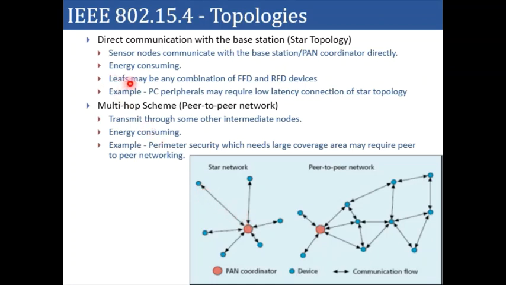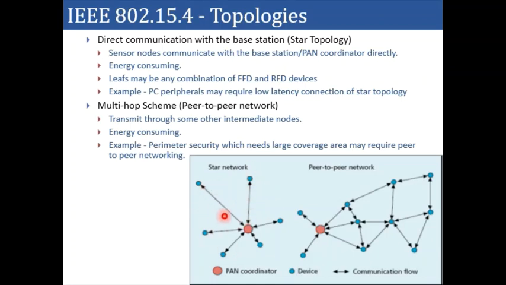Here leaves may be any combination of full function device or reduced function device. Generally, if the distance to be traveled by data is large, we prefer the full function device at the end also, or if the energy is constrained, those leaf ends can be reduced function devices also.